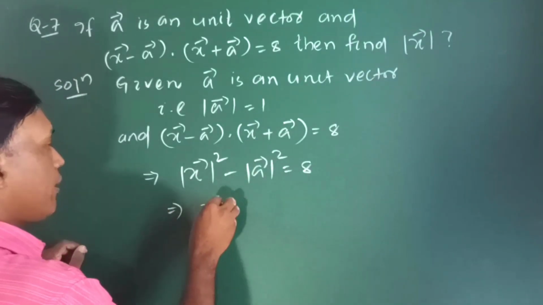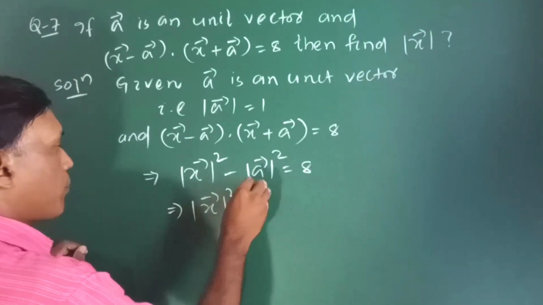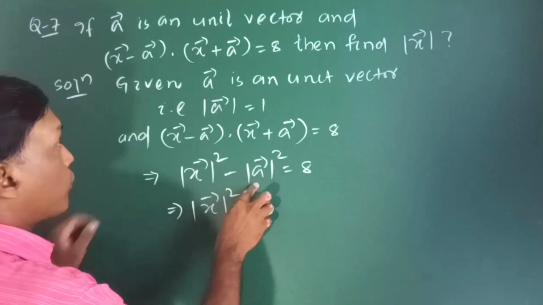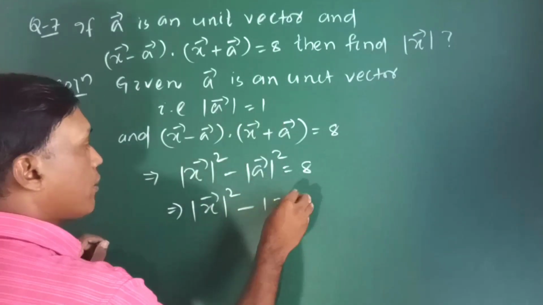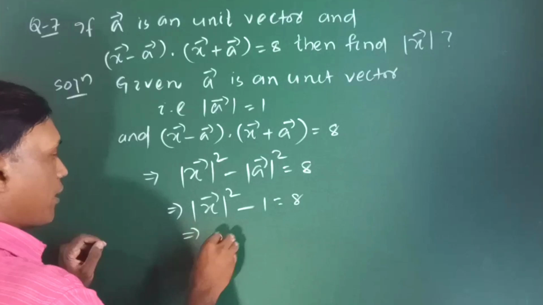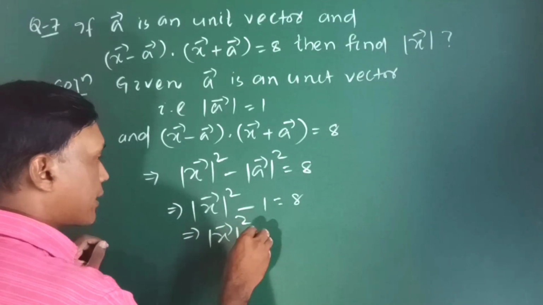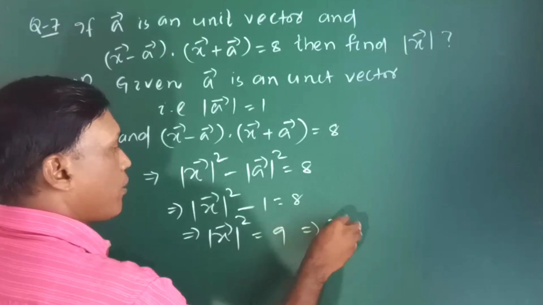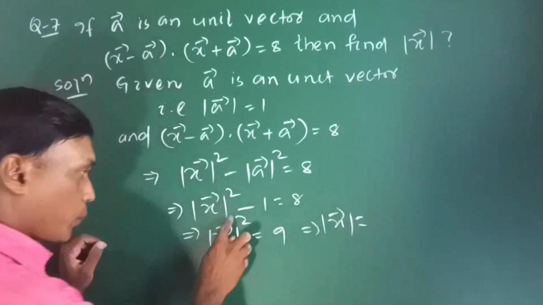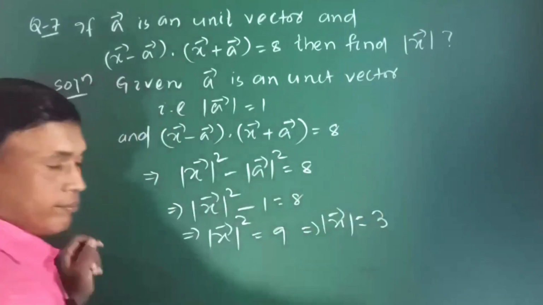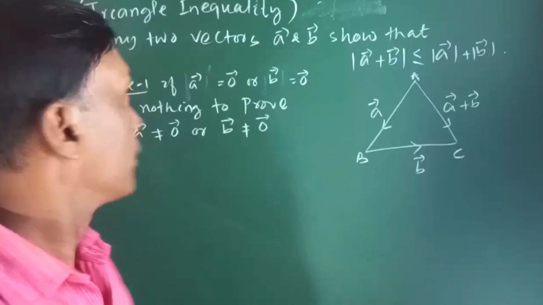Which implies the square of the magnitude of x minus 1, since the magnitude of a is 1 and 1 squared is 1, is 8, and you have the square of the magnitude of x equal to 9. So the magnitude of x is equal to the square root of 9, which is 3. So it's solved.